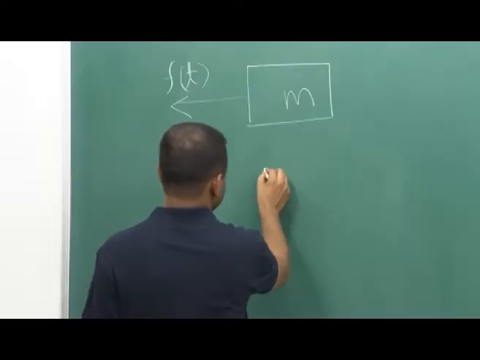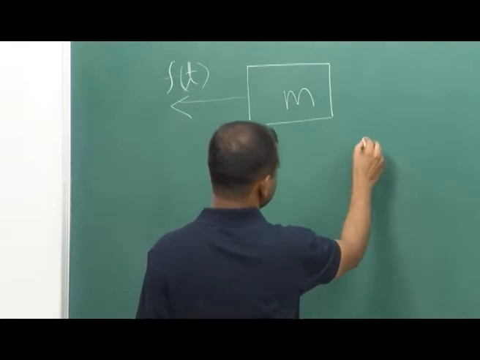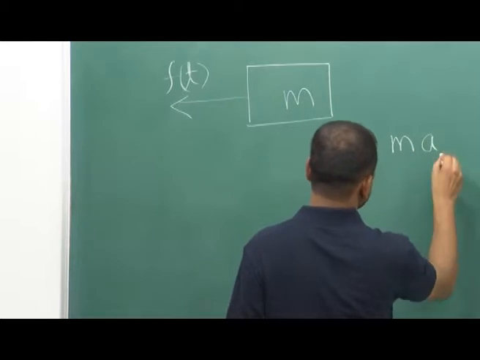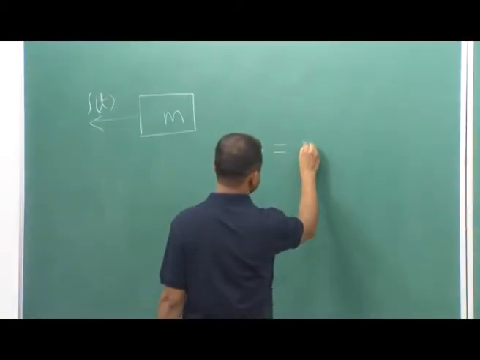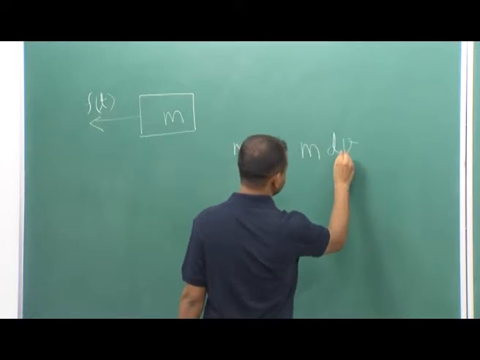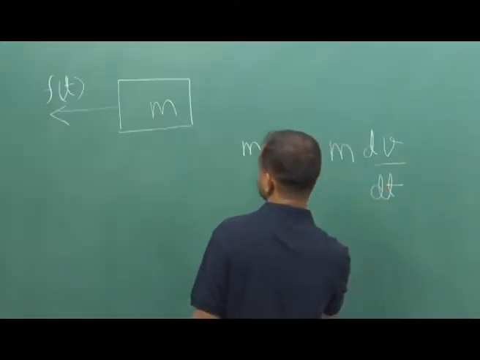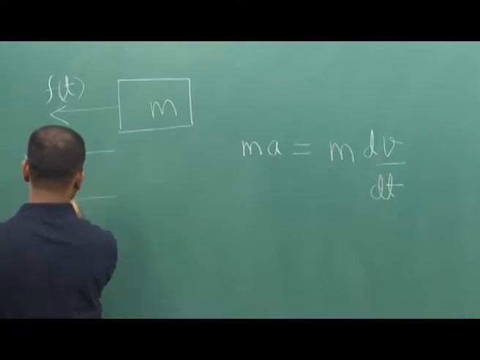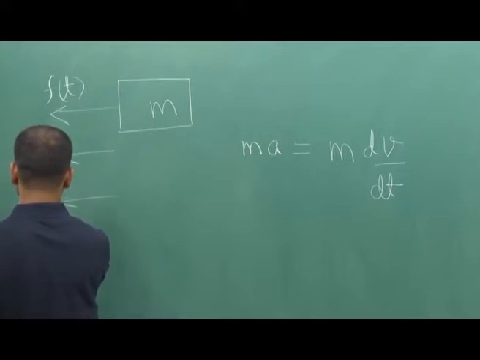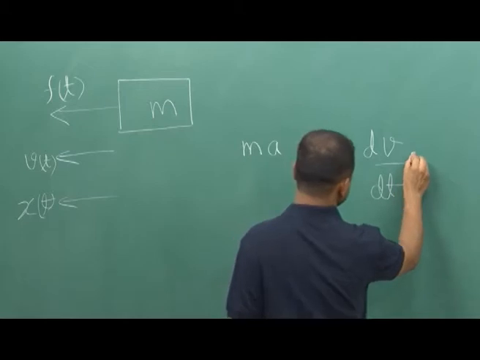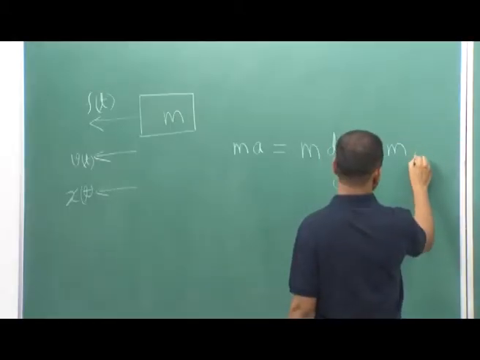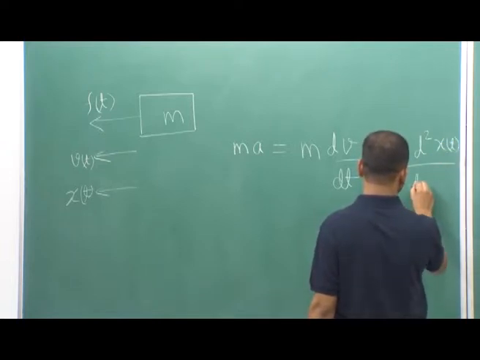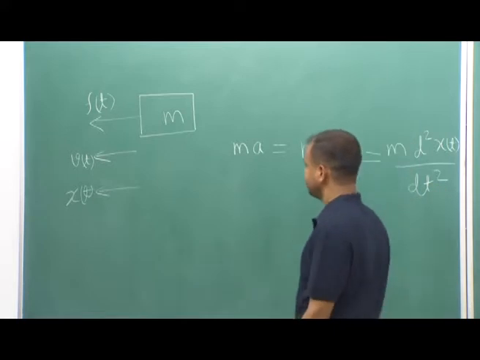There will be an inertial force realized on this mass, and from Newton's second law, we can write mass into acceleration, or m dv/dt if this is v of t, or in terms of displacement x of t, this is equal to m d²x(t)/dt².